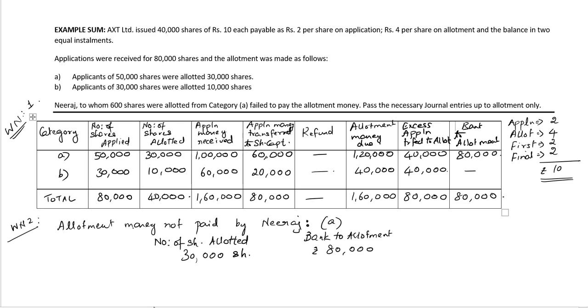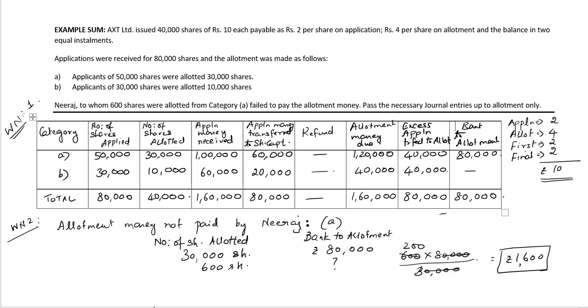Therefore, Neeraj, who was allotted 600 shares, would have to pay 600 multiplied by 80,000 divided by 30,000 shares. Which is rupees 1,600 Neeraj would have to pay on allotment which was not paid by him.